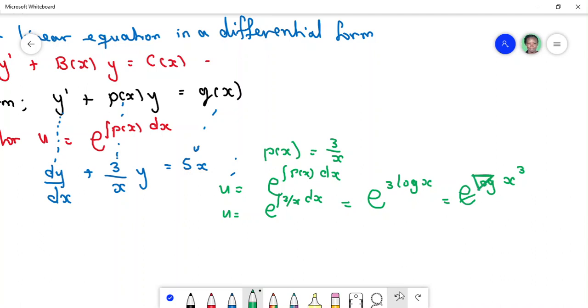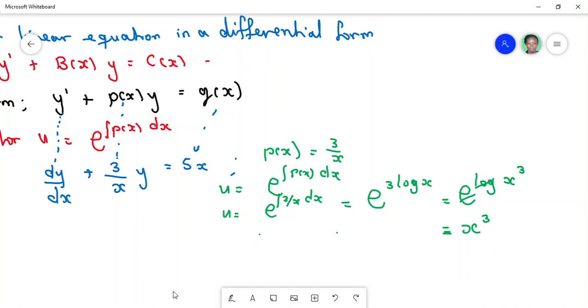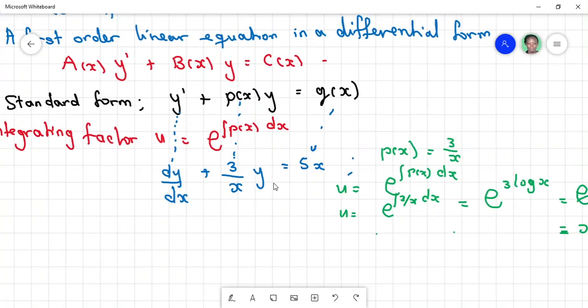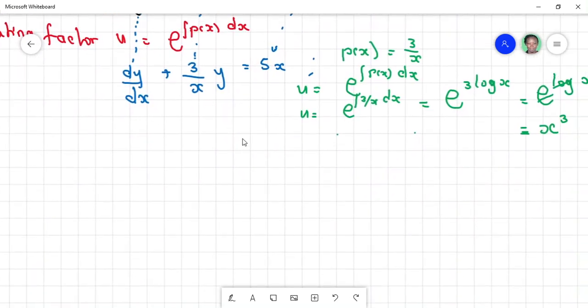If it cancels, what do I have? I have x cubed. So the integrating factor here is x cubed. Since I know the integrating factor, my IF is x cubed.